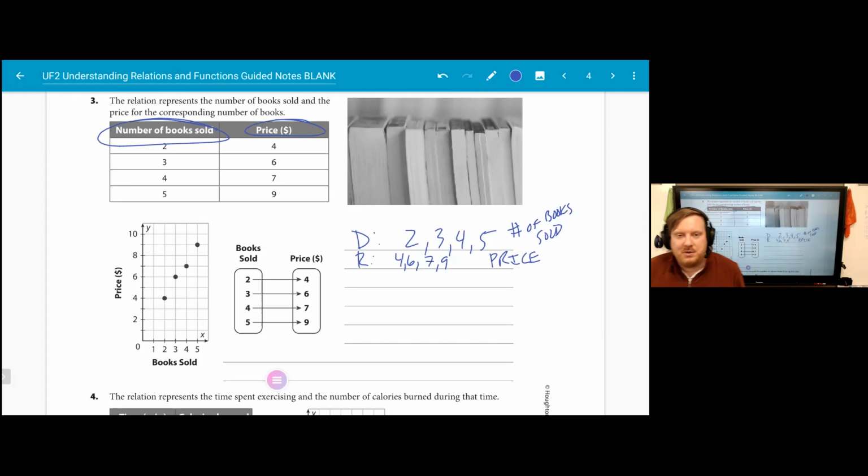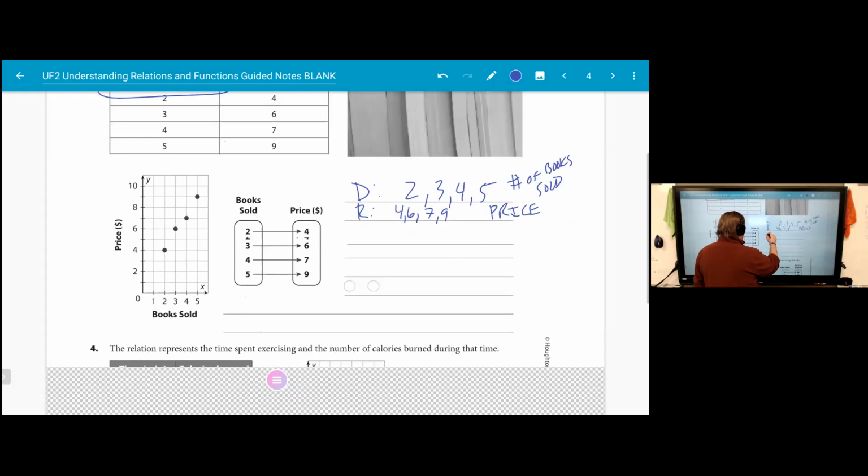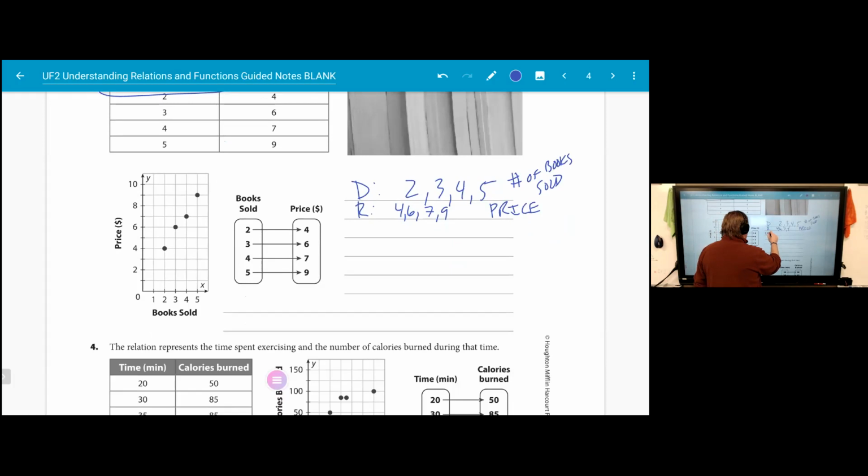We've done our first two things. We've found the domain and range. We've said what they were in context. Now here's the other part. Input 2 books, and I'm going to put my input and my output here. If I input 2 books, my output is $4.